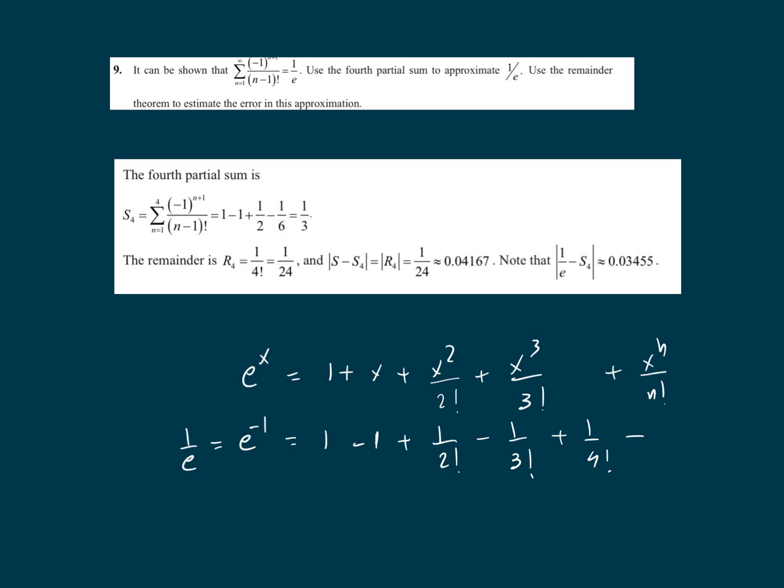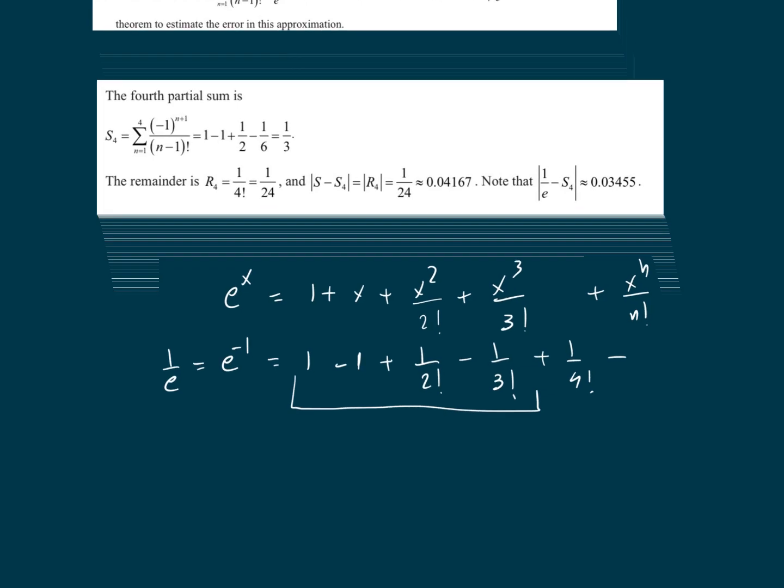Use the fourth partial sum to approximate 1 divided by e. So the fourth partial sum is here. 1 minus 1 is 0, so it's 1 divided by 2 factorial minus 1 divided by 3 factorial. This is an alternating series, and what I'm saying is that 1 divided by e is approximately, if I take only the four terms, 1 minus 1 is 0, and 1 half minus 1 sixth is 1/3.